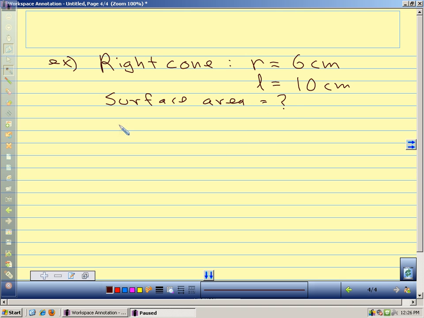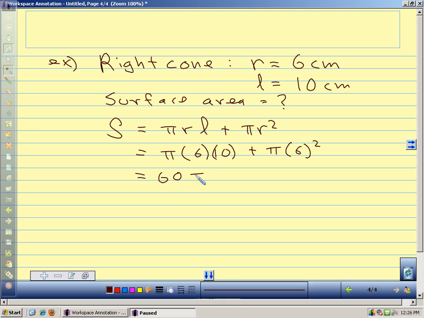So we're going to use our formula. S equals pi r L plus pi r squared. And we're going to plug in what we have. So we have pi times 6 times 10 plus pi times 6 squared. For this first part, I get 60 pi. 6 squared is 36, so I get 36 pi.